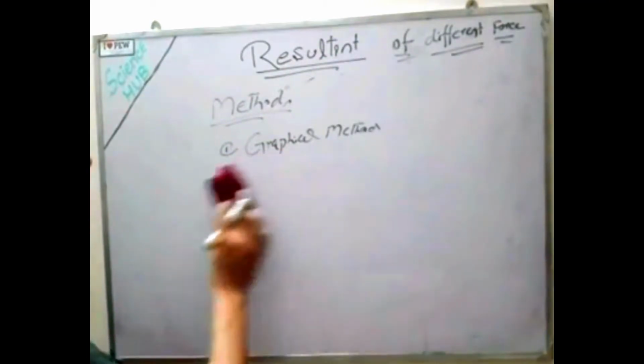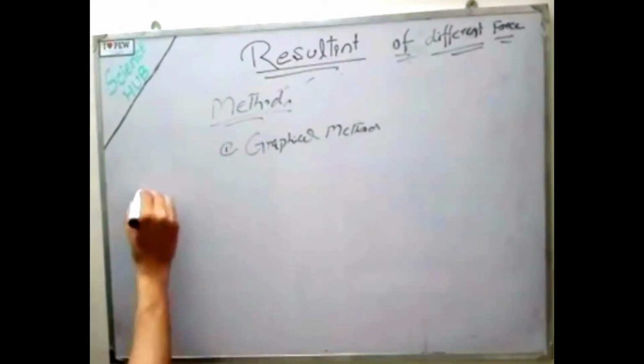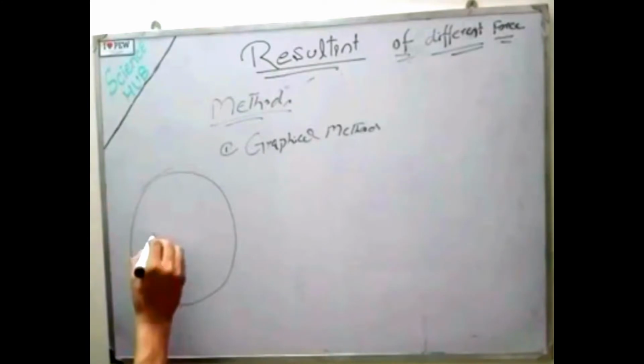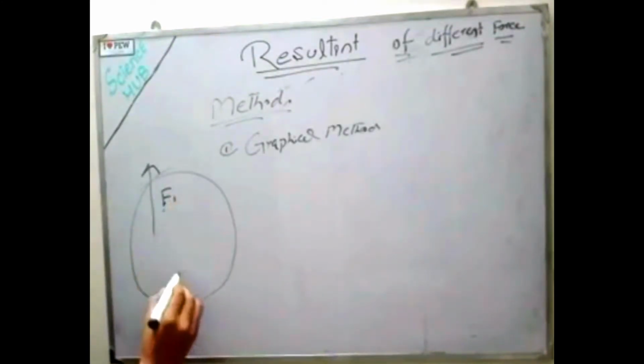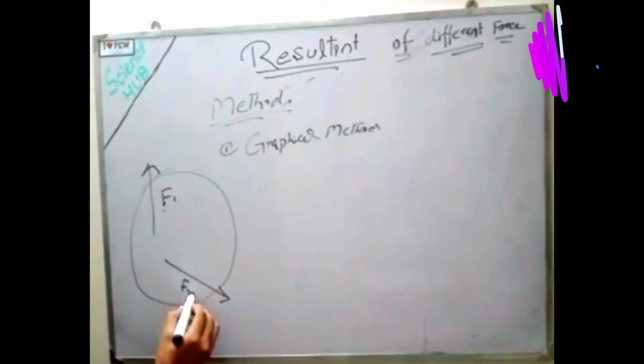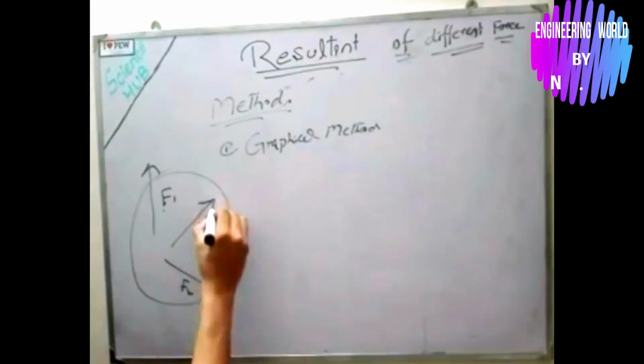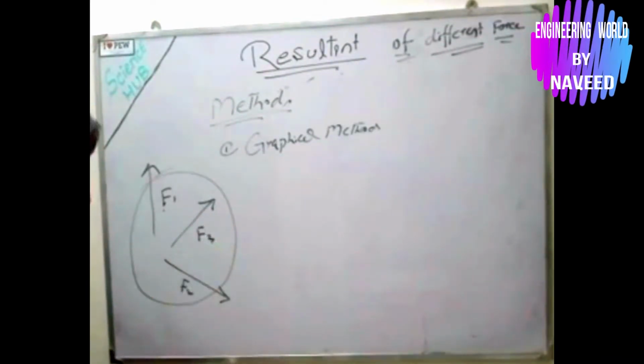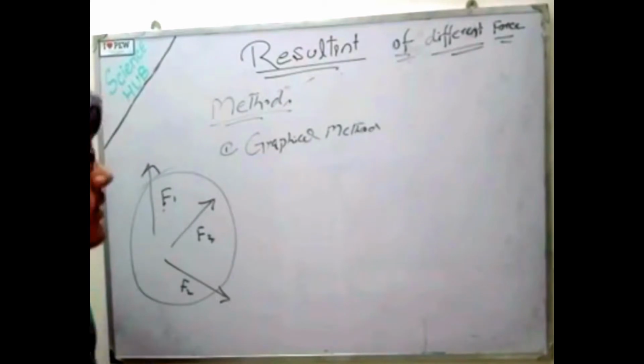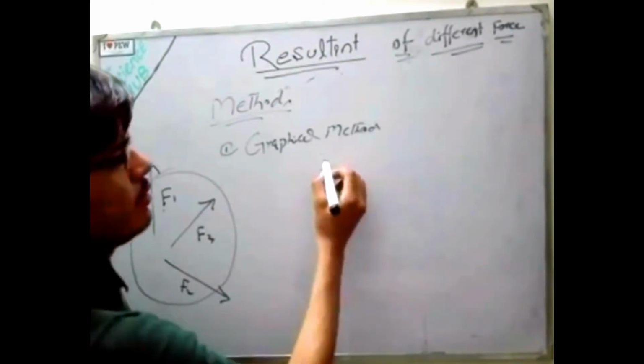Now come to the first topic, which is the graphical method. This is the plane, and one force is applied in this direction, the second force in this direction, while the third force is applied in this direction. To find the resultant of these three forces through the graphical method, first we take a suitable scale.